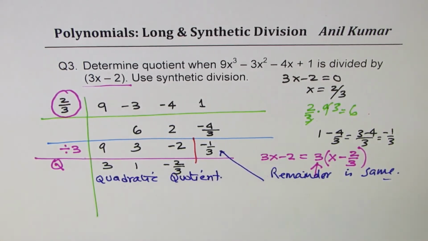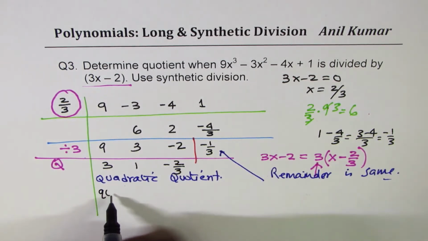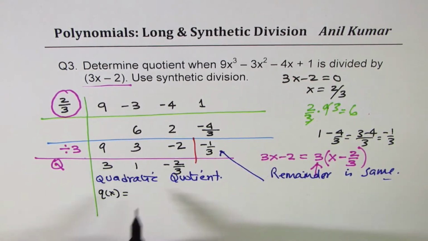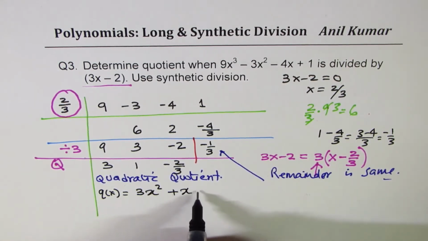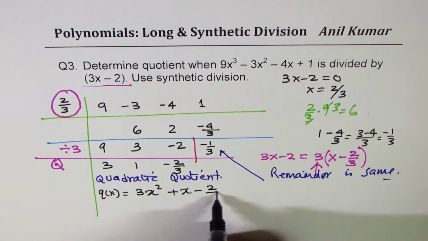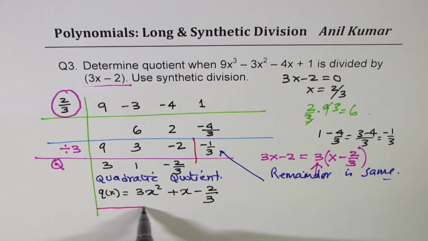Clear? Of the form ax squared plus bx plus c. So the question is, provide the quotient, right? So Q of x is indeed equal to 3x squared plus x minus 2 over 3. So that is your answer. Do you get it?